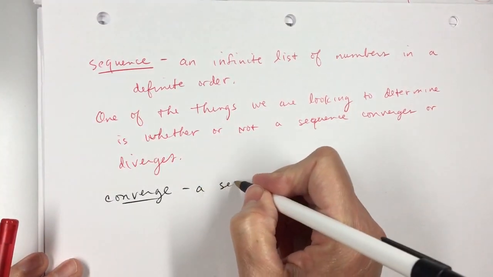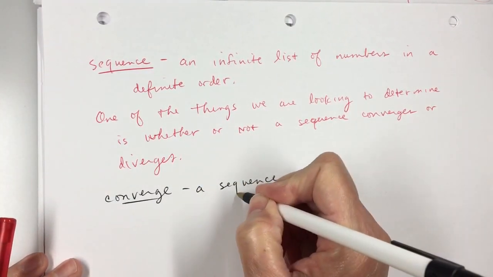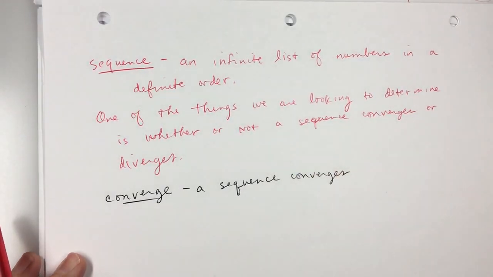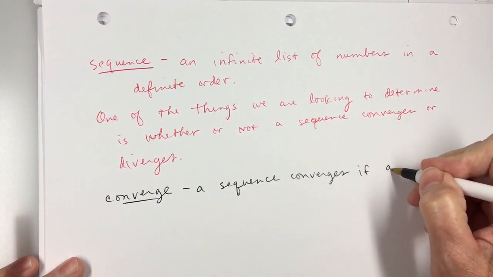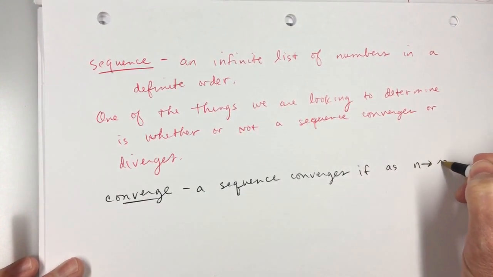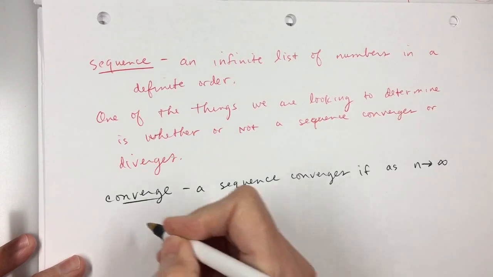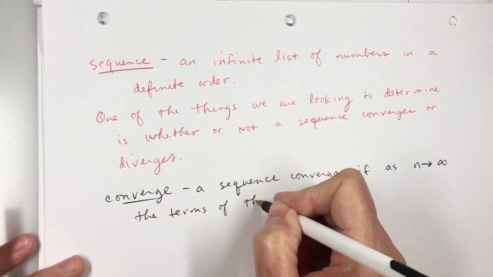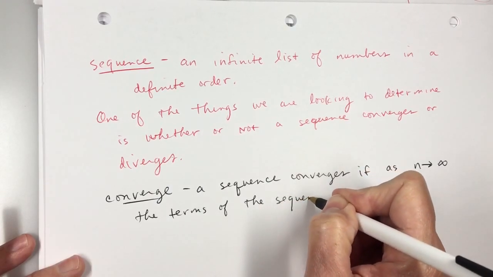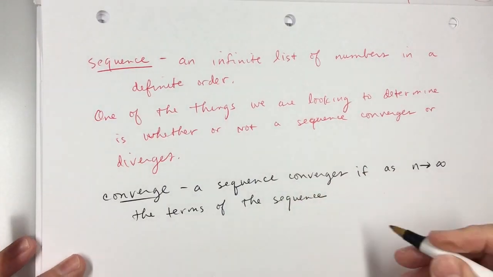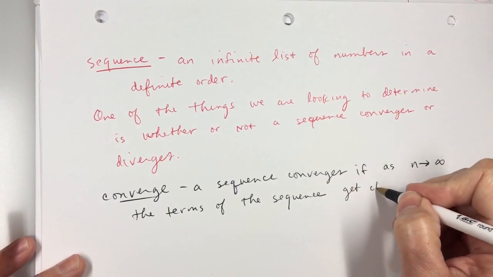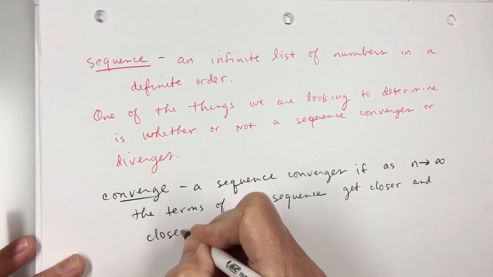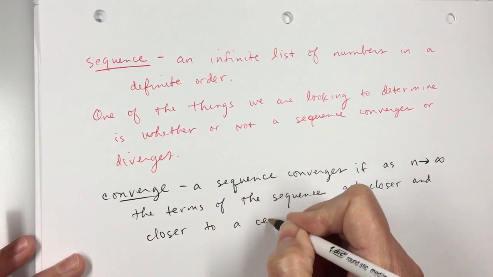So a sequence converges if, as n approaches infinity, the terms of the sequence get closer and closer to a certain number.